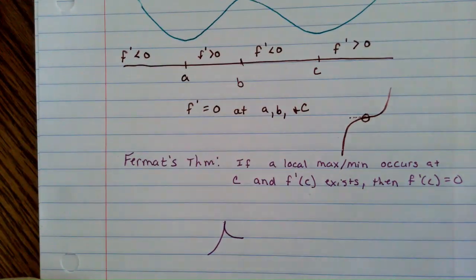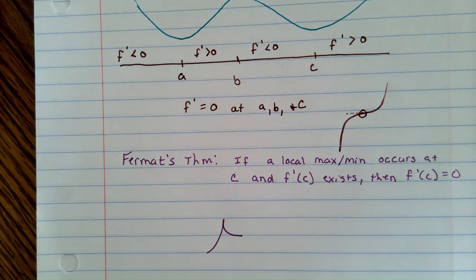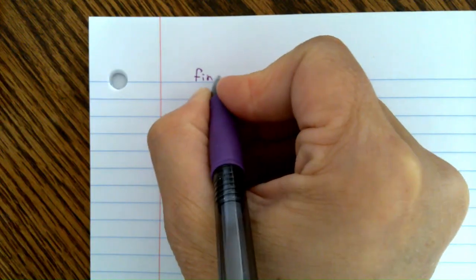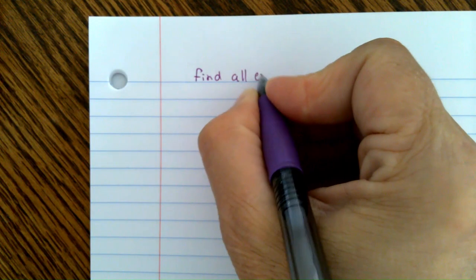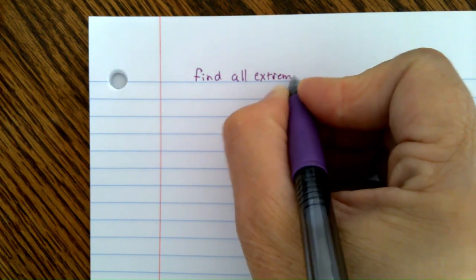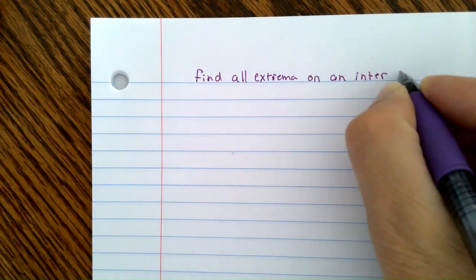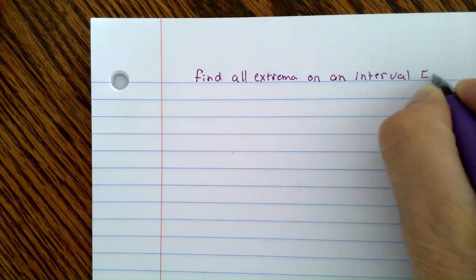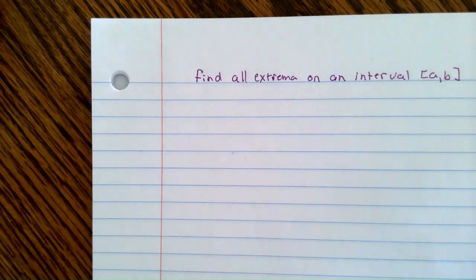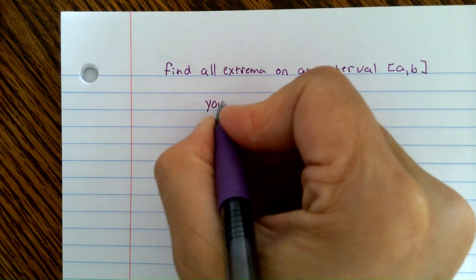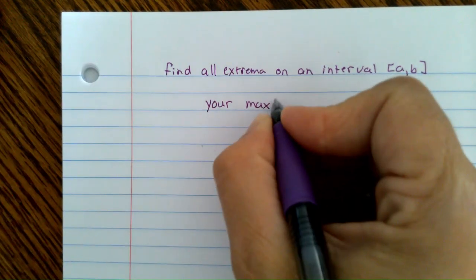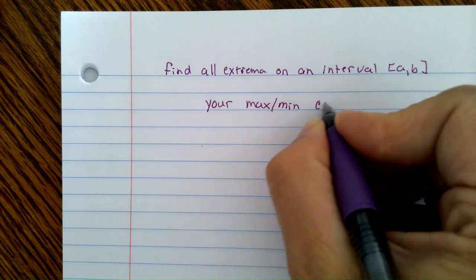Now, if they give you a certain window, this is kind of important. If they say, find all extrema on an interval A to B, your max or your min can occur at the endpoint.